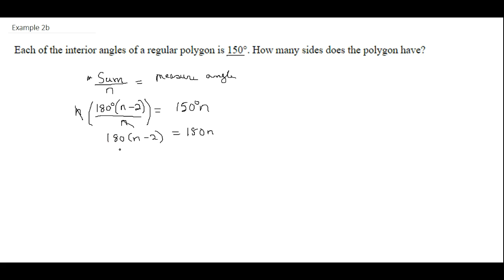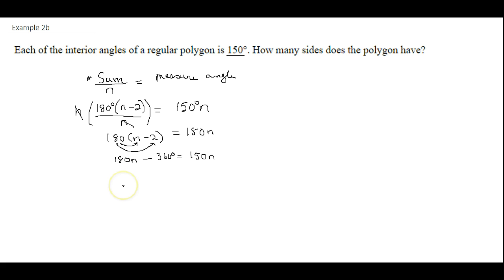Well, now we've got to simplify this and solve it for n. The way we're going to simplify it first is to multiply that 180 degrees in. So 180n minus 2 times 180 is 360 degrees, and that's equal to 150n.